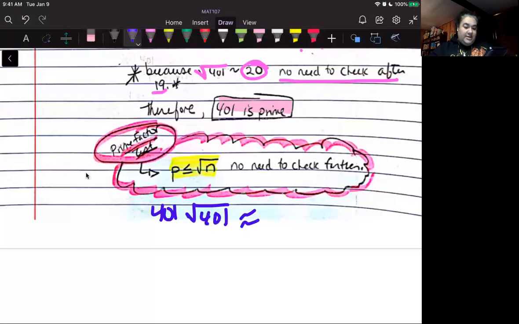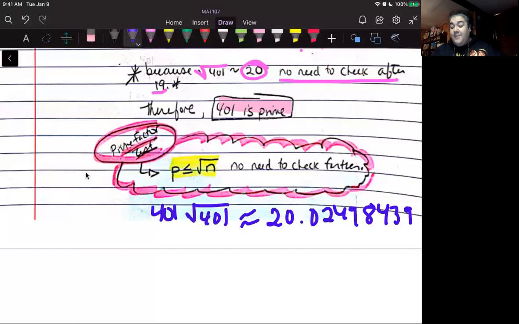All right, so we're going to take the square root of 401, and the square root of it is 20.0249843.